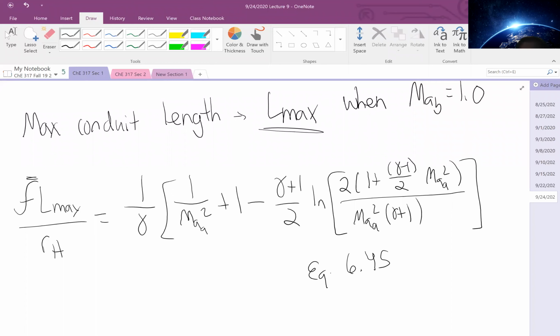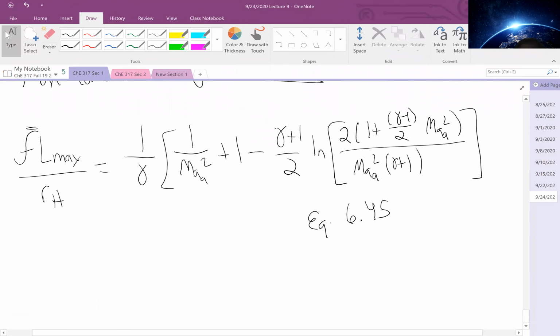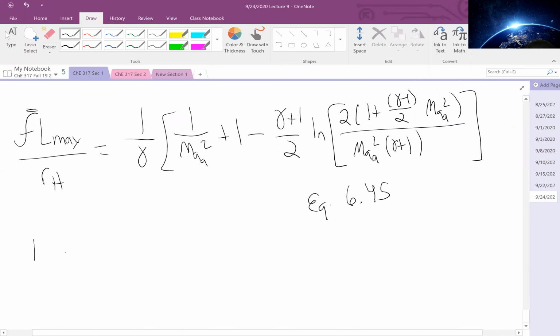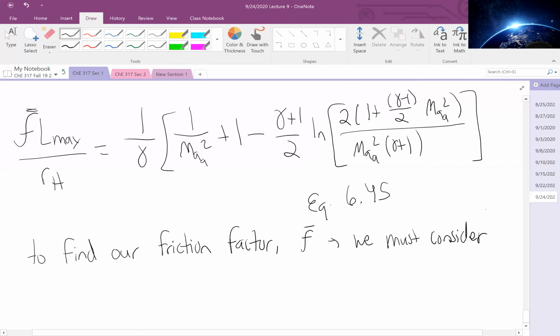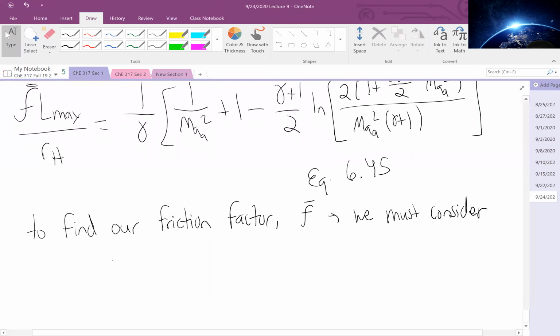One other thing that we have to consider that's important is to find our friction factor, F, we must consider our relative roughness as well as our Reynolds number.